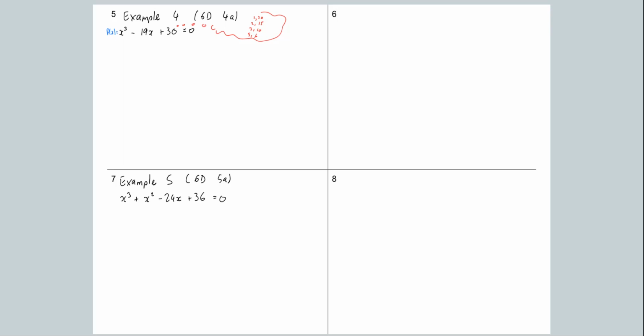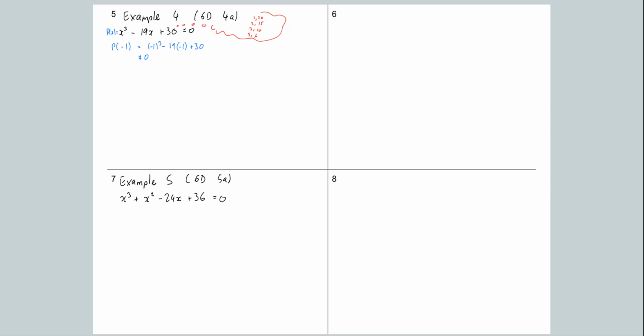So I start off with p of minus 1, and I get minus 1 cubed minus 19 multiplied by minus 1 plus 30. That's definitely not equal to 0. As soon as you can see it's not going to be equal to 0, you don't have to worry. And I'm actually just going to say p of 1 is not likely to work either for the same reason. It's just not going to get us up to 30.